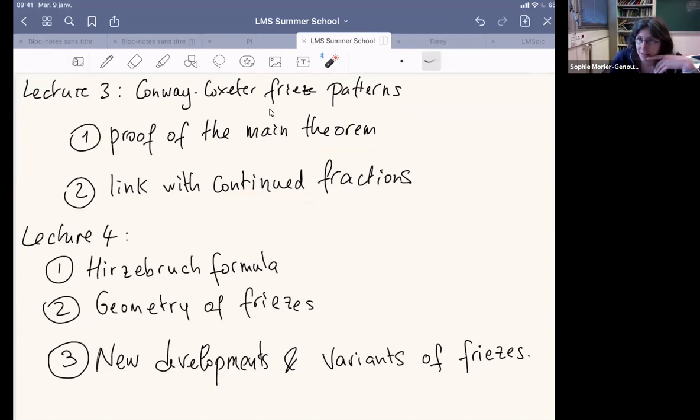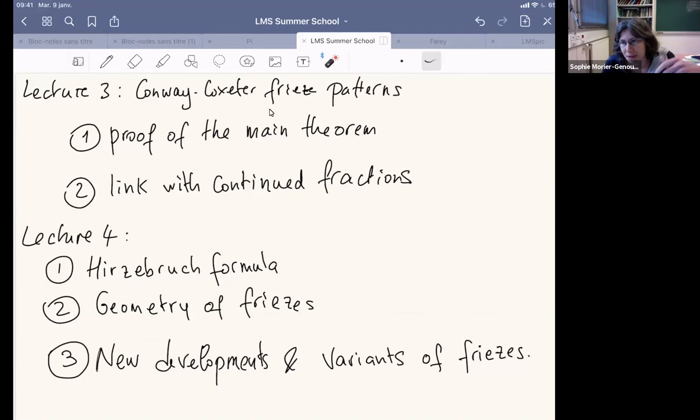In the next lecture, which will come just after this one, I want to go back to the Hirzebruch formula and also try to outline how to prove it. And this will then be more discussion. We focused on combinatorics and arithmetic, but there is also actually a lot of geometry behind frieze patterns.